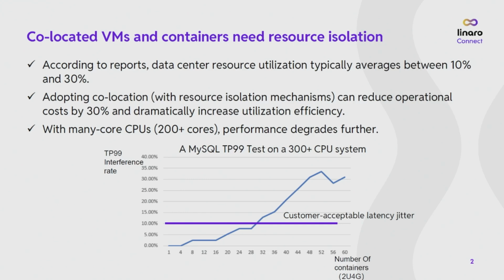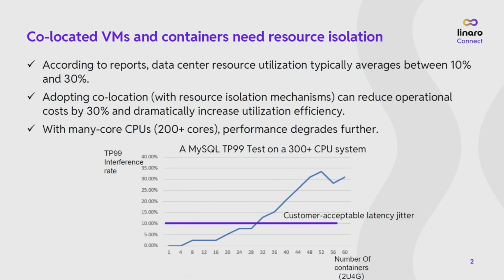But as the CPU core count increases, especially with many-core systems such as ARM with more than 200 cores, there is still some performance decrease. For example, this chart shows a MySQL TP99 test running on a system with more than 300 CPUs. It shows the TP99 interference rate against the number of containers running, each using 2 CPUs with 4 GB memory.